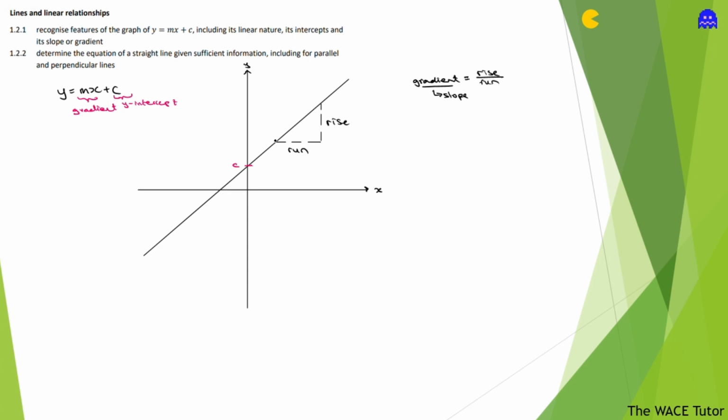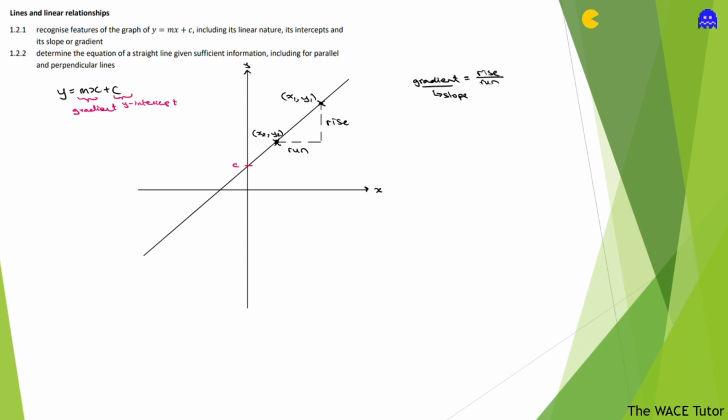This triangle is marked out by 2 distinct points on the line. I'll denote this point here as x1, y1, and I'll denote this point here as x2, y2. So these are arbitrary denotations for those points, but we'll see that it's really important to give them these denotations when I write a different formula for the gradient.